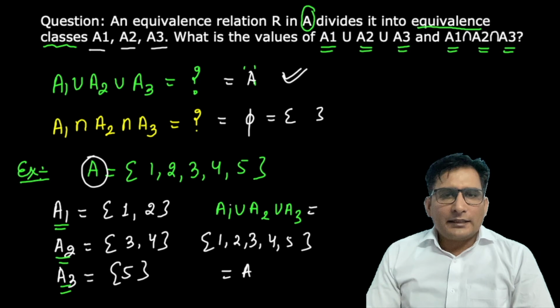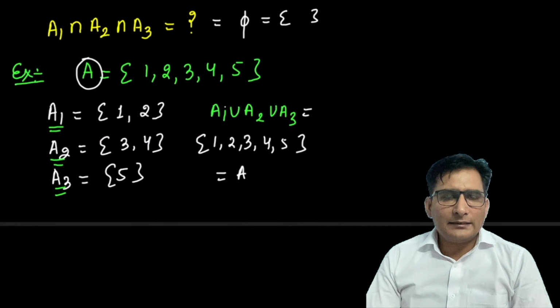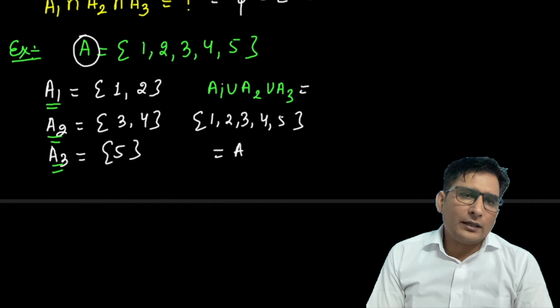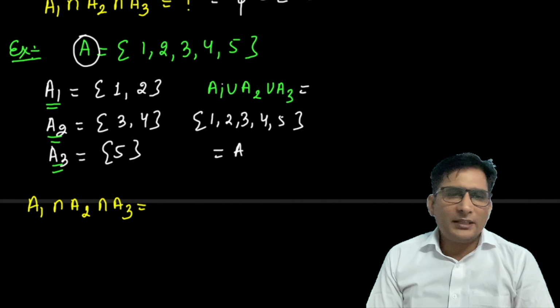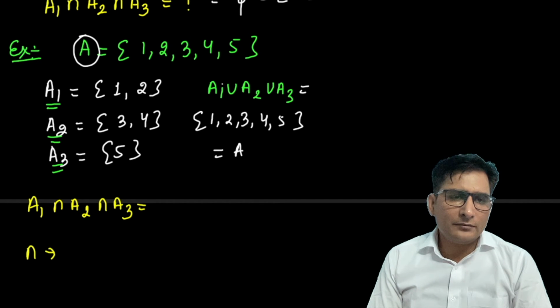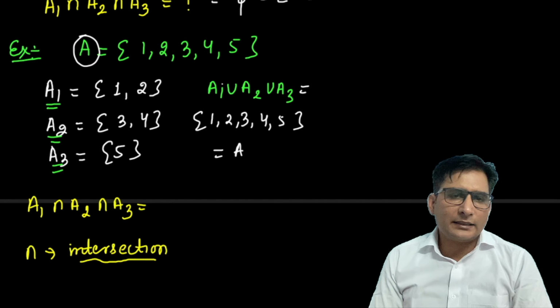Now look at the second case, which is to find the intersection: A1, A2 and A3. Please tell me the common elements. This is the sign for intersection, and intersection means common elements.